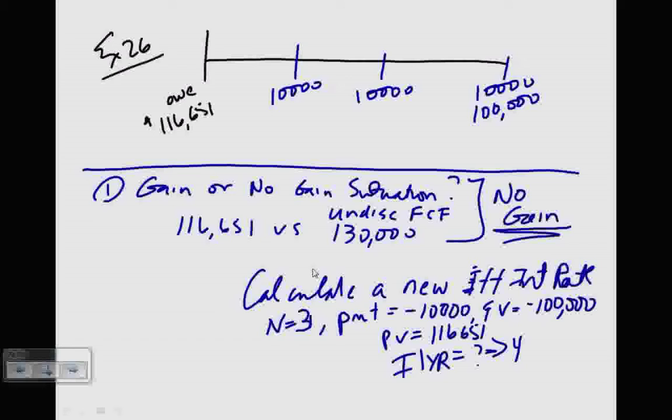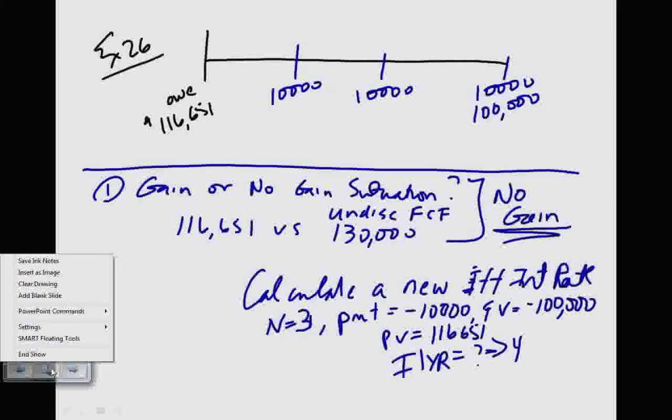So what we're going to do here is recognize interest on this at December 31st, 2013. Remember, we're going to pay back cash of $10,000.